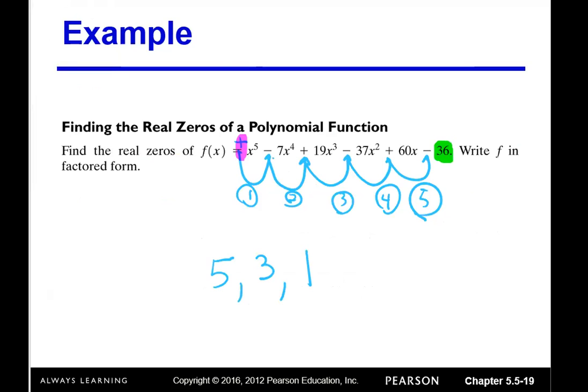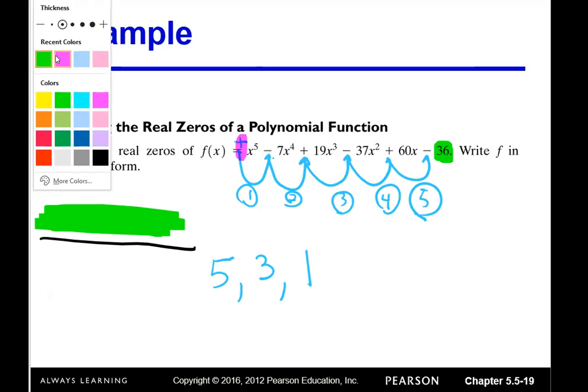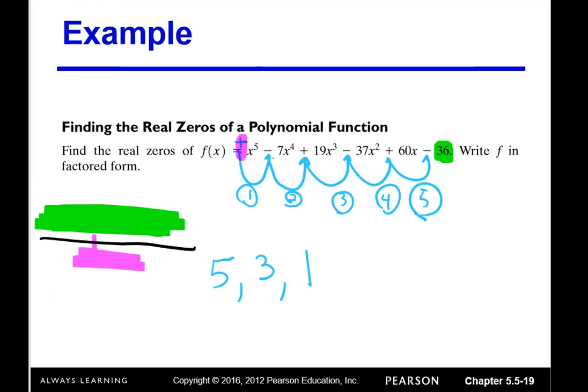So my possible numerator factors are anything of the green, and my denominator is of the pink. Of course, the only thing I have here is a number 1, so my denominator can either be positive or -1. My numerator can be positive or -1, positive or -2, positive or -3.